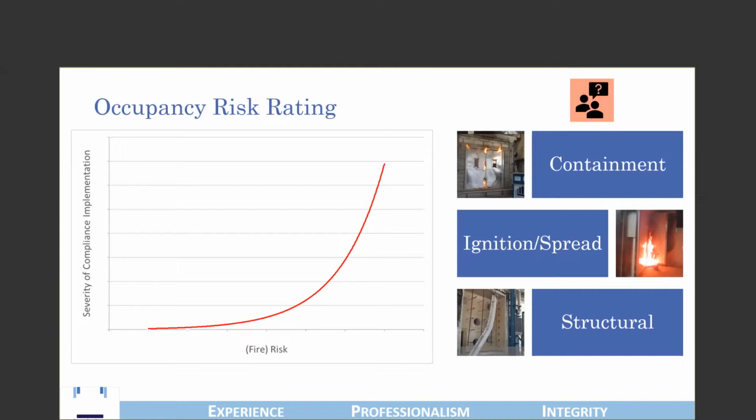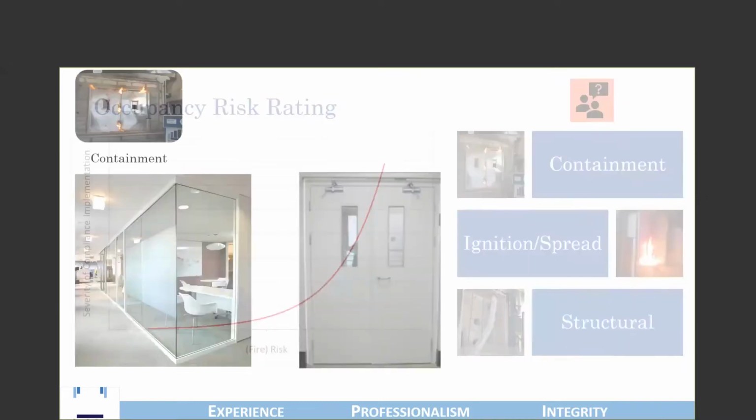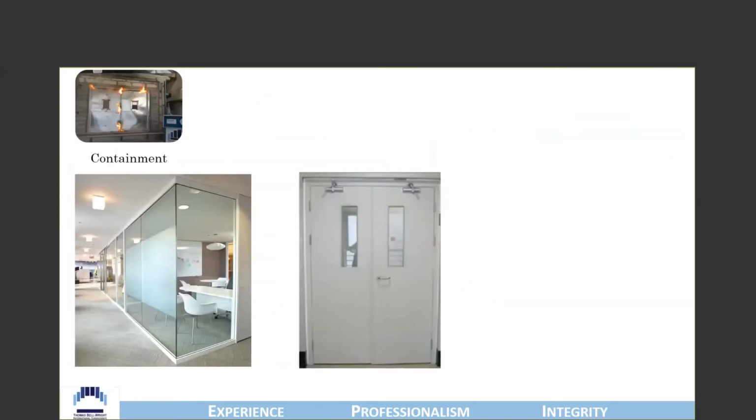So the three constructs of passive fire protection, namely containment, ignition or spread, and structural fire protection, need to be understood in terms of how they look and what the reality may be.